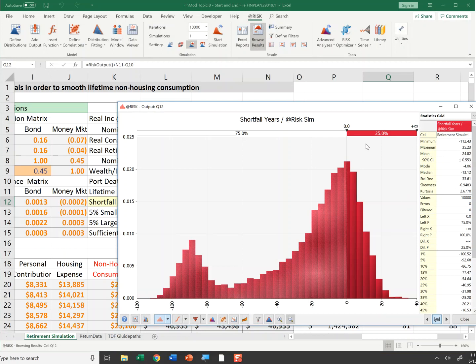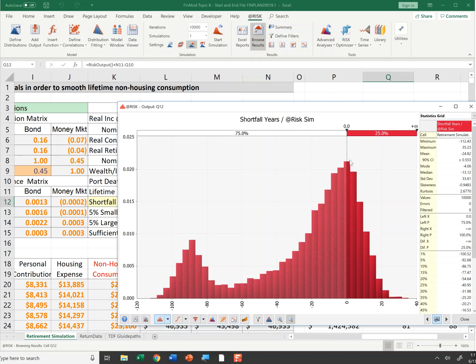However, what you can see here, 75% of the time, I have plenty of money. I have negative unfunded years. 25% of the time I have a shortfall.